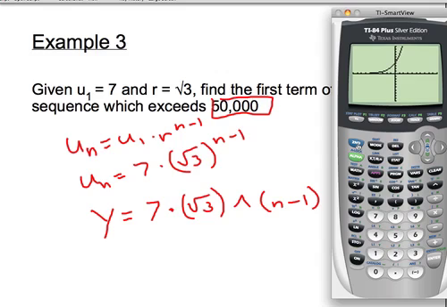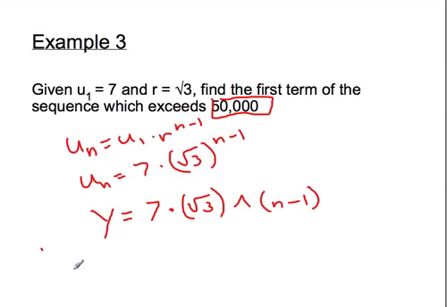If you press second function, graph, that will be the table button. You'll get a table of values, and you can scroll down. You can see the 6th term, 7th term, 8th term, and so forth. But we're interested in the first term that's greater than 50,000, and that would be the 18th term.